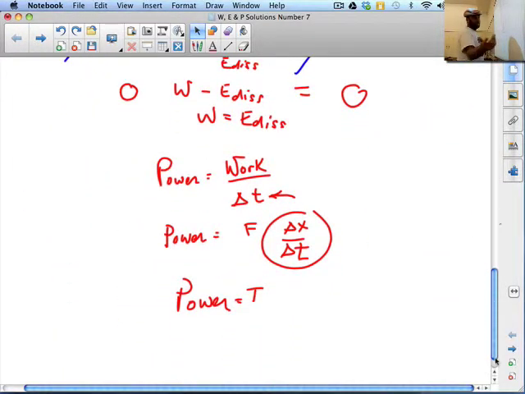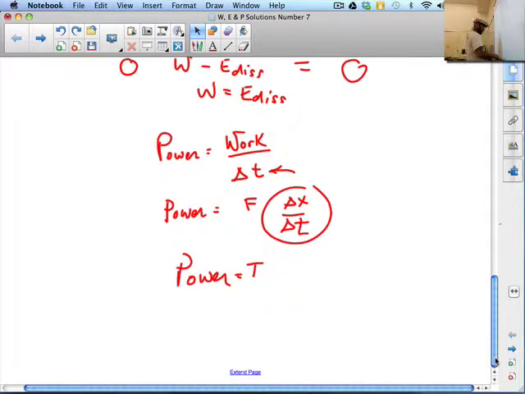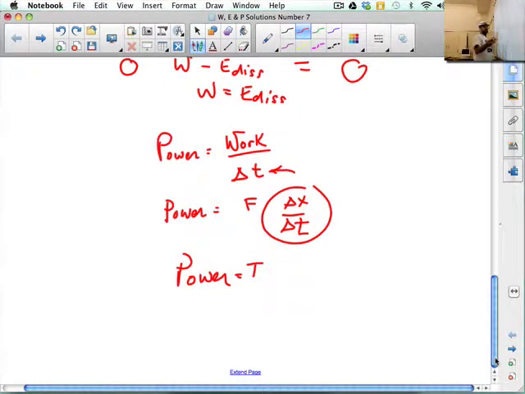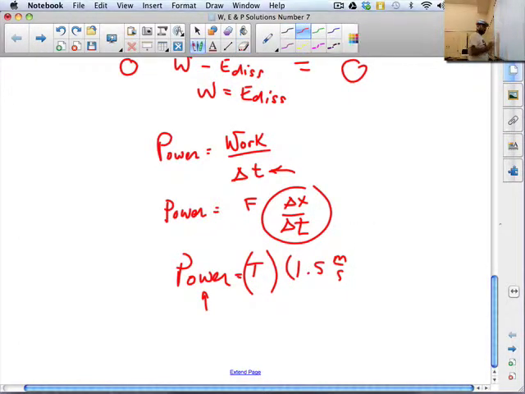And your speed's not changing, so your average speed in this case is the same as your instantaneous speed, which means your average power and your instantaneous power are the same number. So you take whatever value you get for the force on the block due to the rope that's attached to the motor. And I think in this case, your speed is 1.5 meters per second. So you would multiply by your 1.5 meters per second. And that should do it. That should give you your value for power.